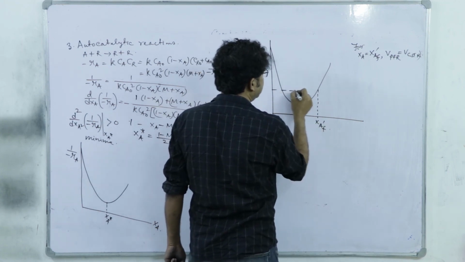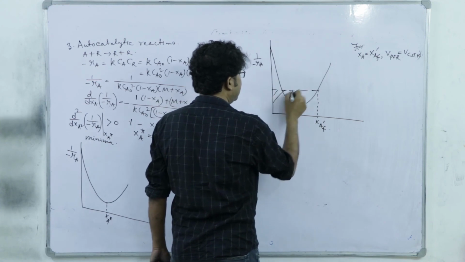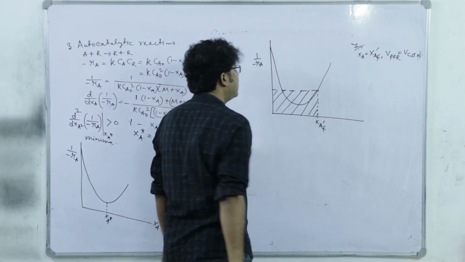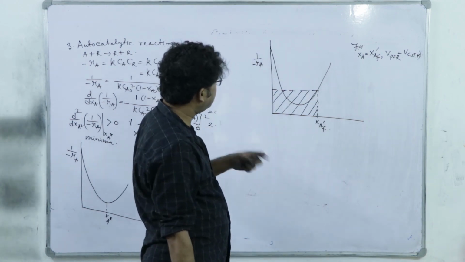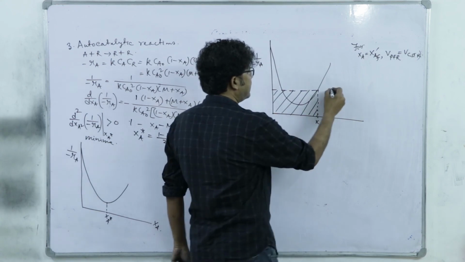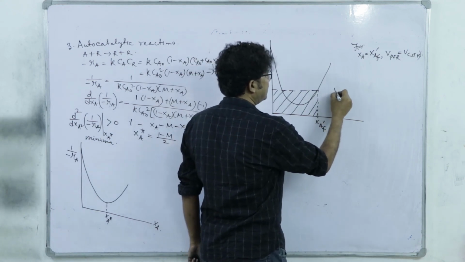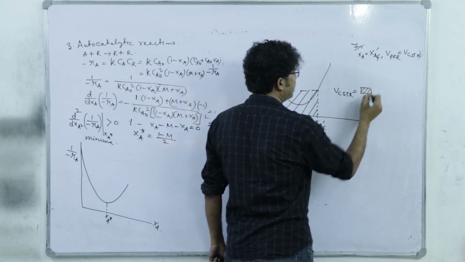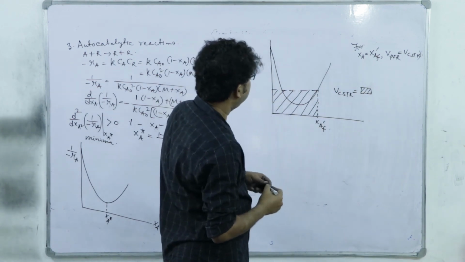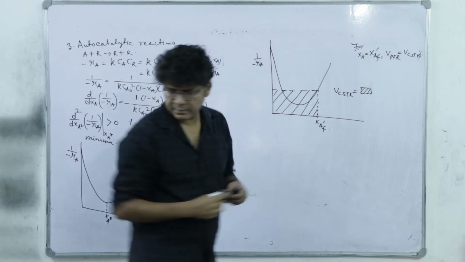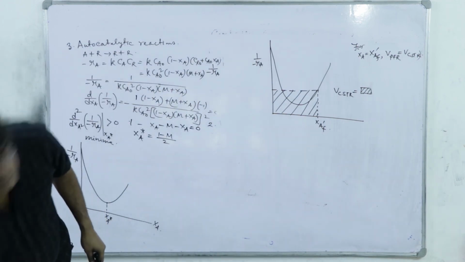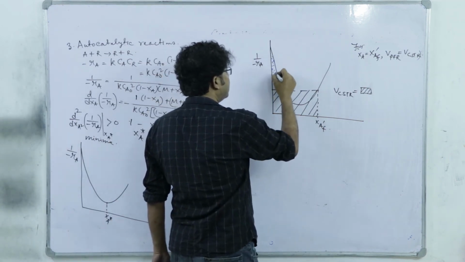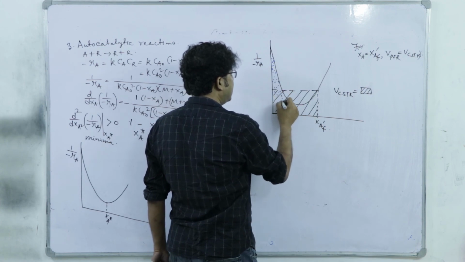So this is the area for CSTR. So this V CSTR equal to this hatched area, right. Whereas V PFR will be this area under the curve.